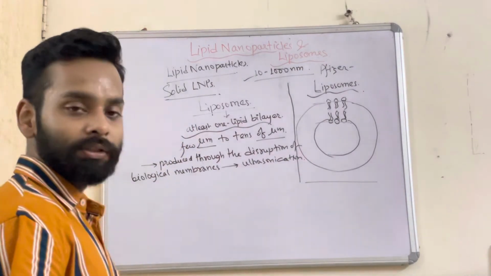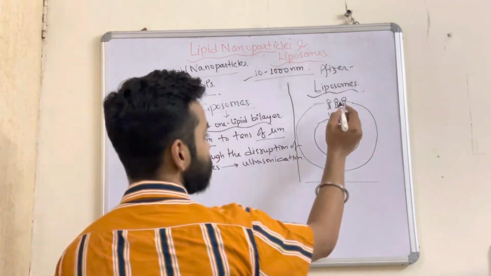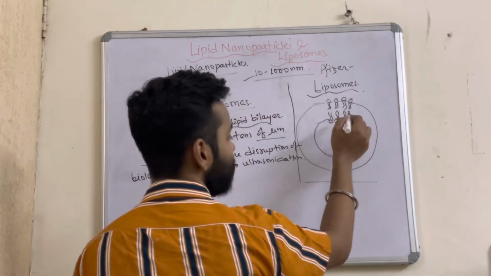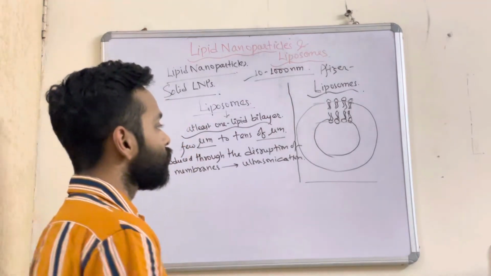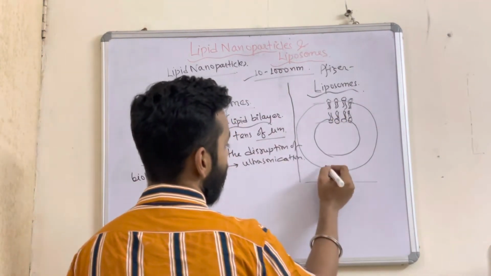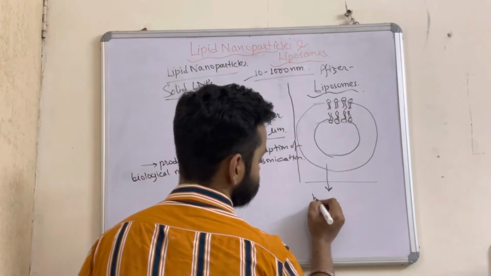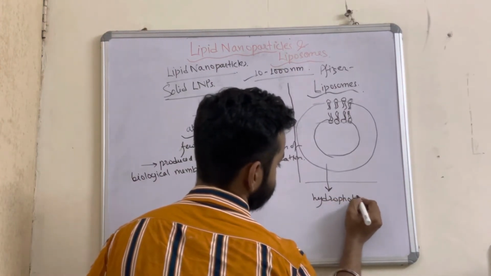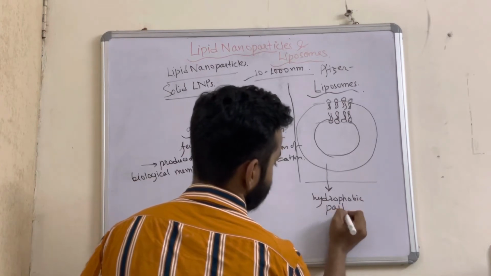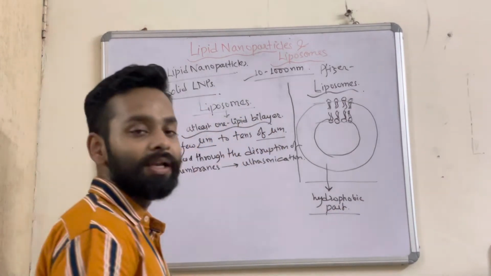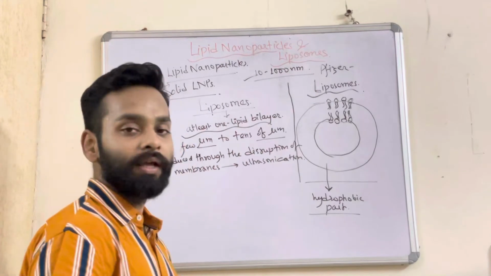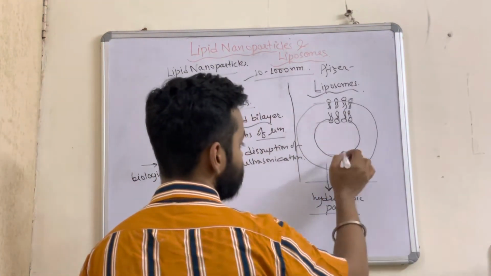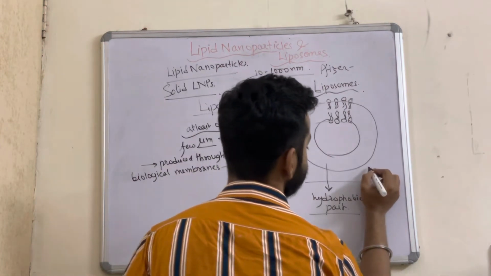Now coming to the structure of liposomes. The outermost phospholipid bilayer structure can be in multiple layers. This part is the hydrophobic part, which is lipid loving or water repelling, and it will exist in this structure in an aqueous environment.